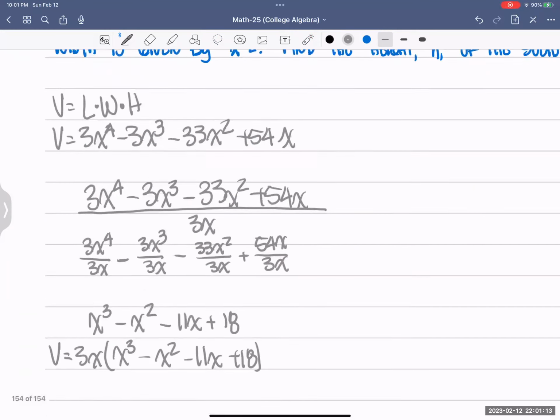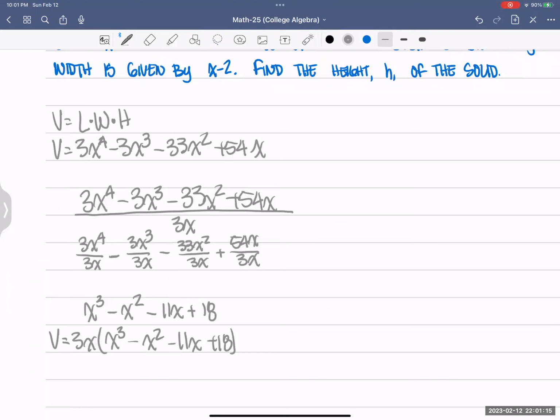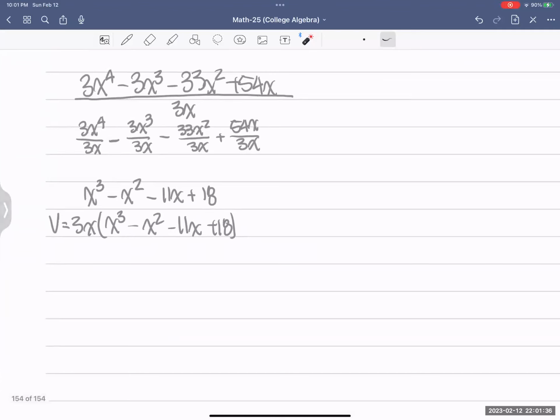So now what we have is length is this length here. This here is now our width times our height. And we actually have width is our x minus 2. So we could divide that out from here to see what we end up with. So let's give it a shot. What we're going to end up with is volume equal to 3x times our x minus 2 times something else.